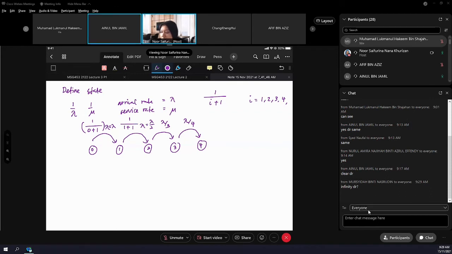The question says that otherwise he or she departs and does not return, but that refers to the probability of the arrival. Never mind. We have one answer from Mushida, which is infinity. Yes.